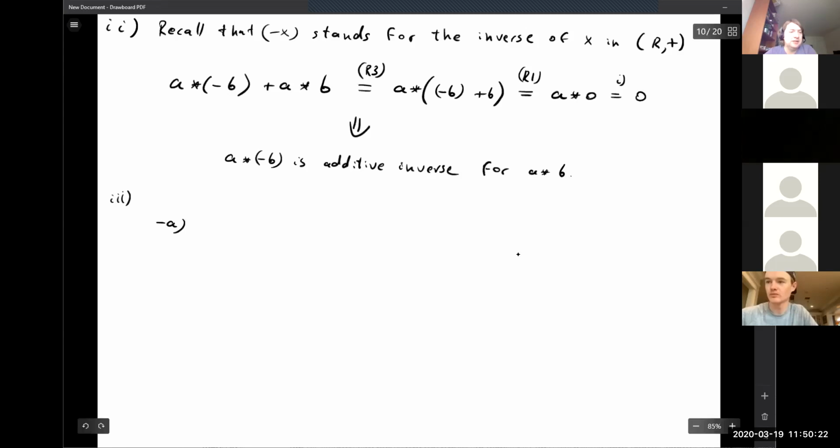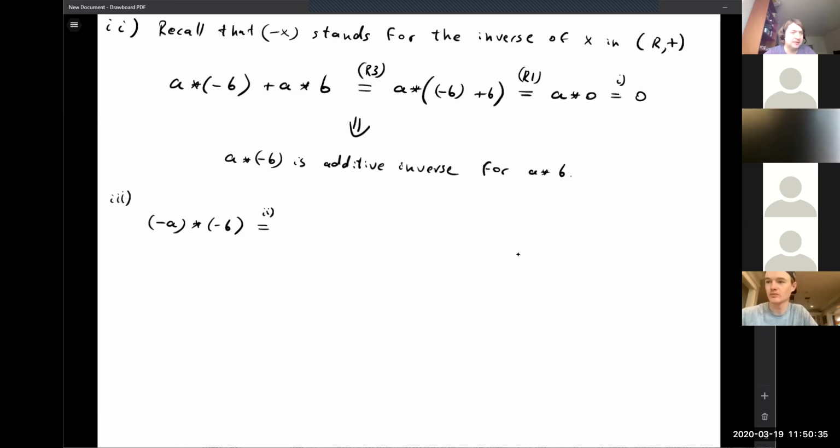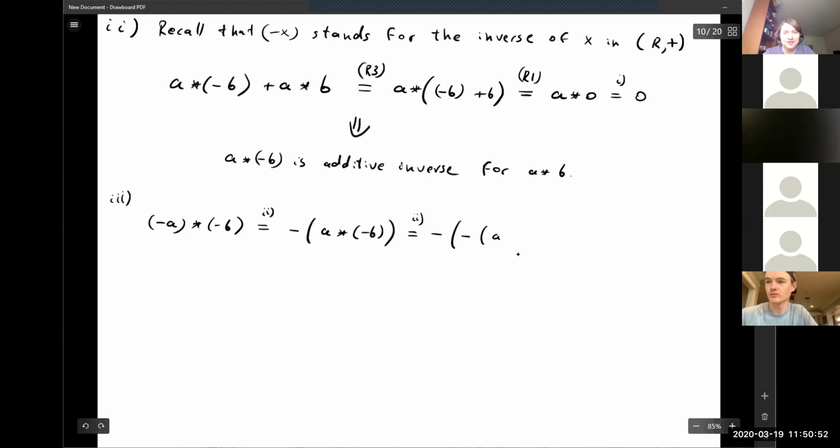Okay, so now finally let's look at part 3. So let's look at minus A star minus B. To prove that it's the same as A star B, the only thing we need to do is to apply this second part twice. So first of all, it's the same as minus A star minus B, right? Then let's apply it again. The second case, and this is minus of minus of A star B. But now R plus is an abelian group.